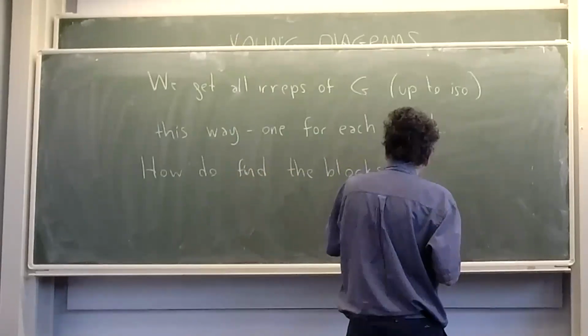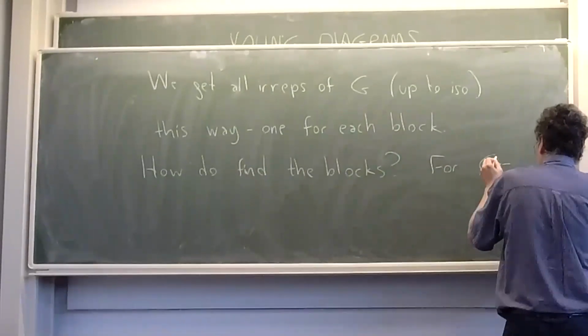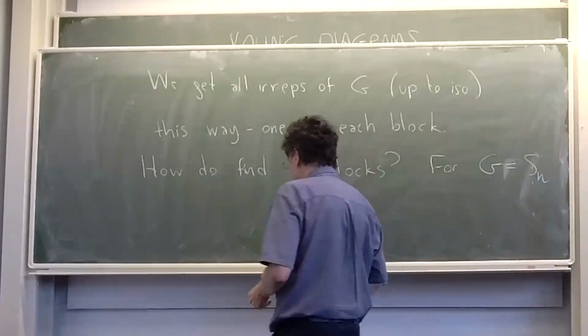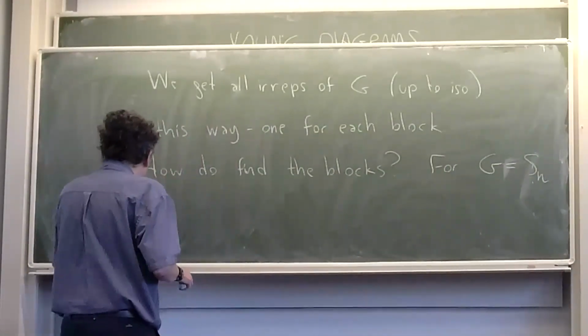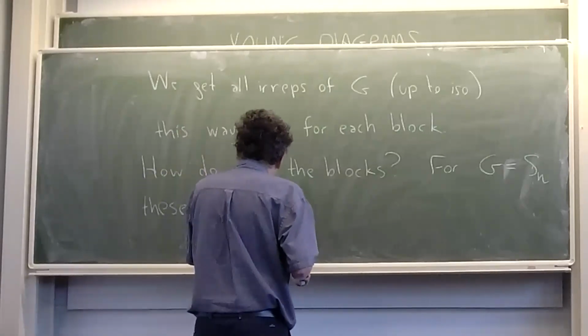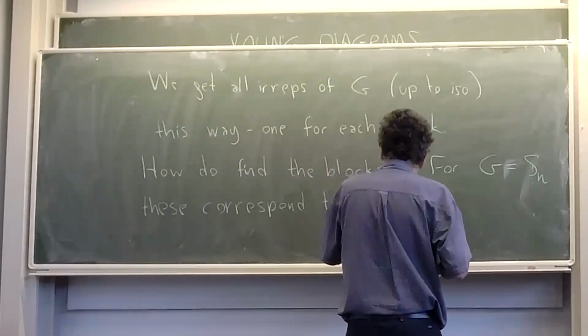Now we have to think about what group we've got. For a symmetric group Sn, these correspond to n-box Young diagrams. And so I have to tell you how.